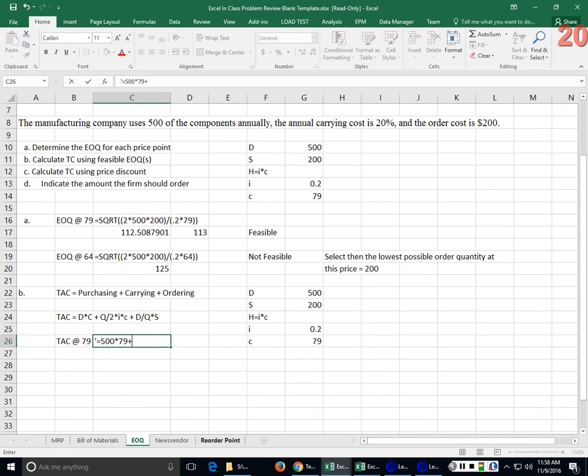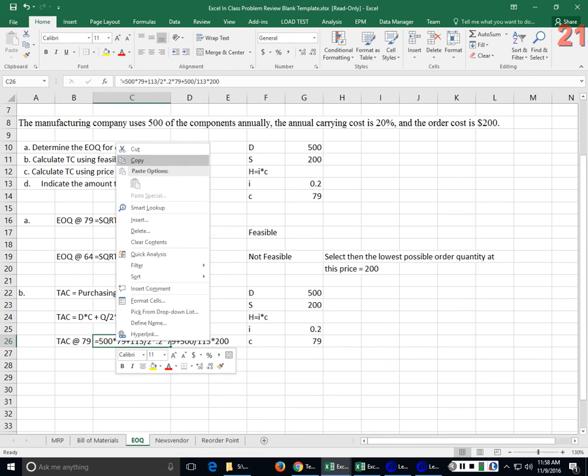Mike, what's my quantity that I'm going to be using in this equation? 113. 113, right? Plus 113 divided by 2 times interest of 0.2 times the cost of 79 plus annual demand of 500 divided by my quantity again of 113 times my setup cost of 200.